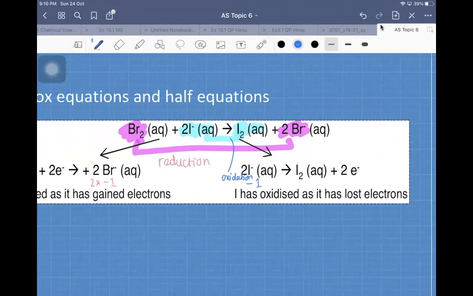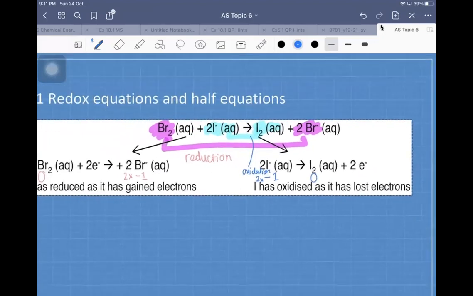It's the same as its charge. And there are 2 lots of this, so I'll just multiply it by 2. Iodine in I2, okay, is 0. So I go from -2 to 0. That is an increase in oxidation number. So it's an oxidation process.